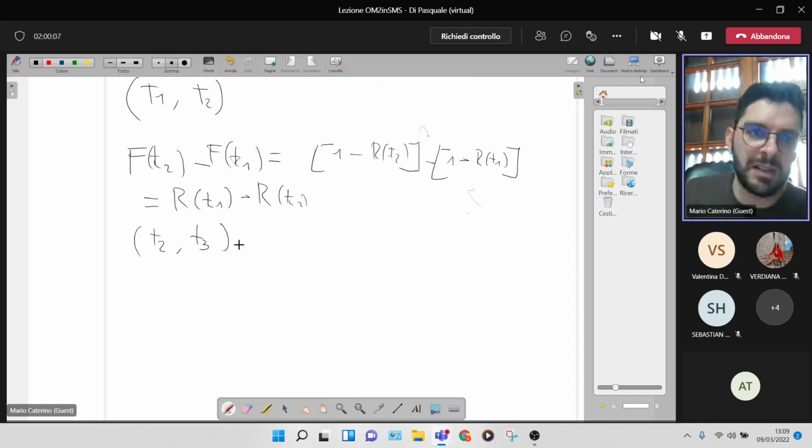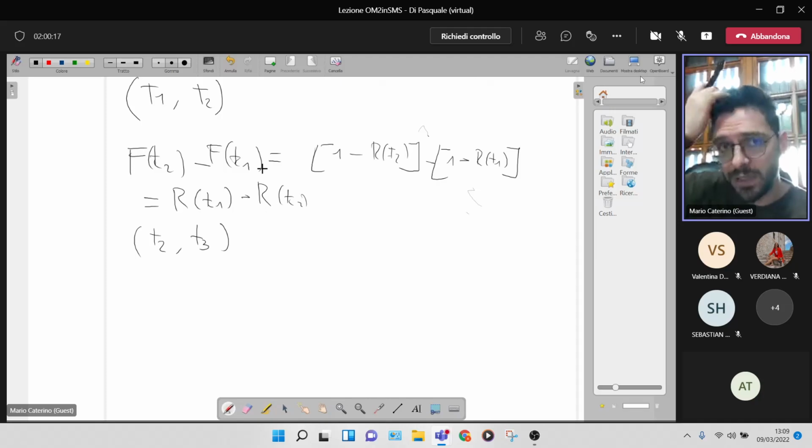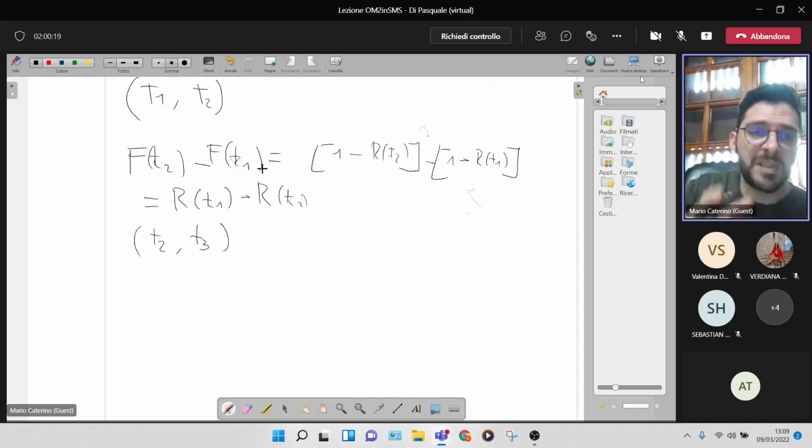In the first case, we want to evaluate the probability that a system failed in a specific interval T1, T2, supposing that it started to work from time 0. Now we want to evaluate the probability that the system fails in the time interval T2, T3, knowing that it already worked up to T1.